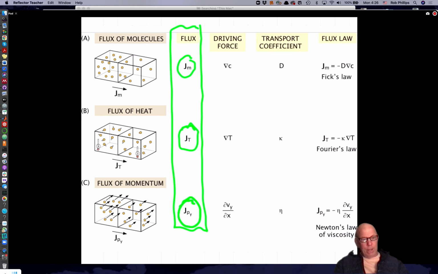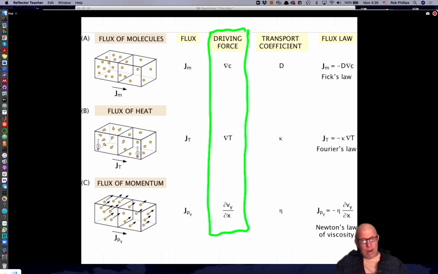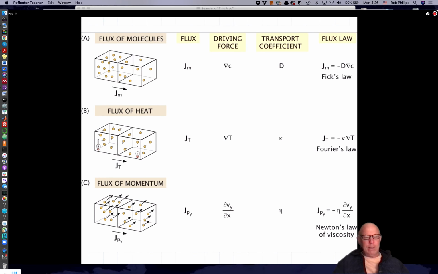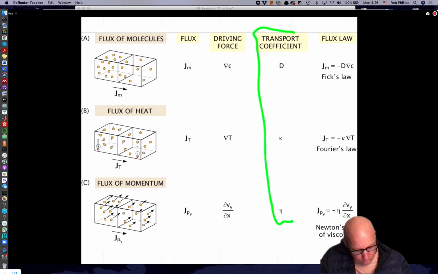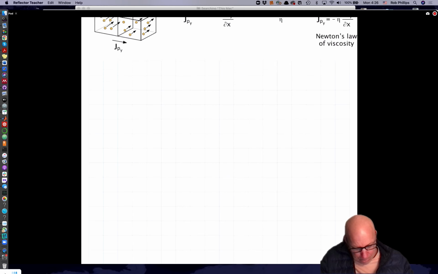All of those are flux quantities. And in each case, they are linearly related to a driving force or a degree of disequilibrium as measured by gradients. So gradients are reporting on, they're a metric of degree of disequilibrium. Note that in each case there's some transport coefficient, which is what mediates this linear relationship between flux and our corresponding degree of disequilibrium.